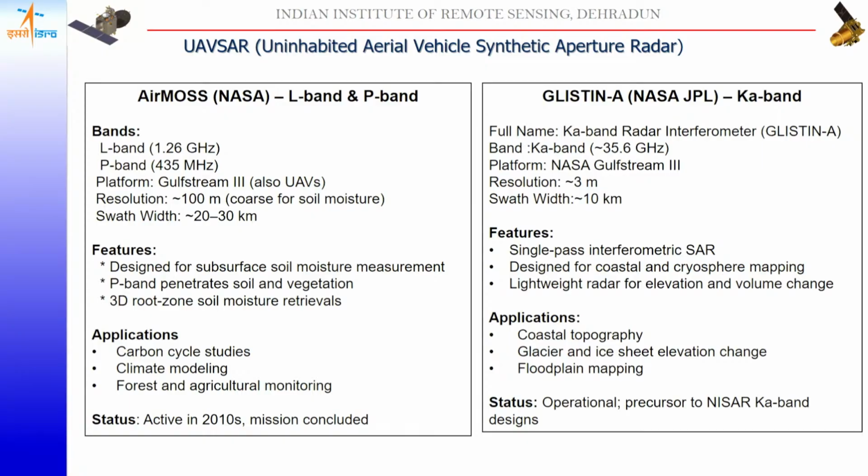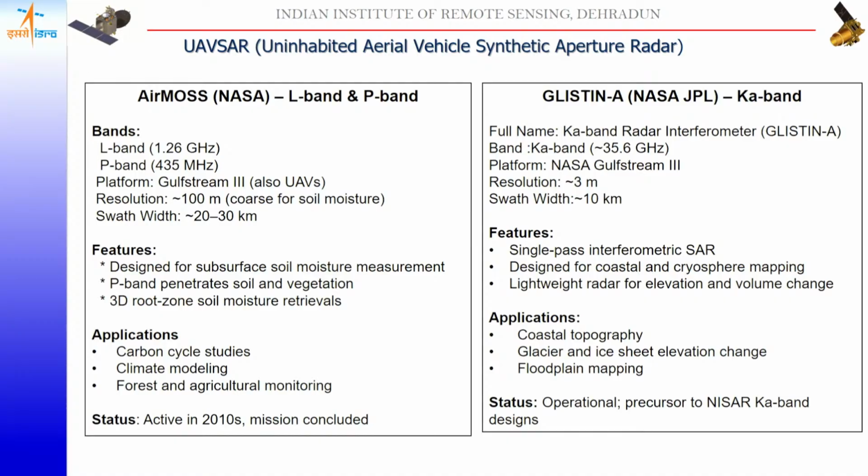Another is the UAVSAR mission, which is called the Uninhabited Aerial Vehicle Synthetic Aperture Radar. It is having two types of SAR antennas. One is called the L and P, which is called AirMOSS, and another is called the Gulfstream, which is the Ka band. So the Ka band is still operational, and AirMOSS was active until 2010, but the Ka band UAVSAR mission is still operational.